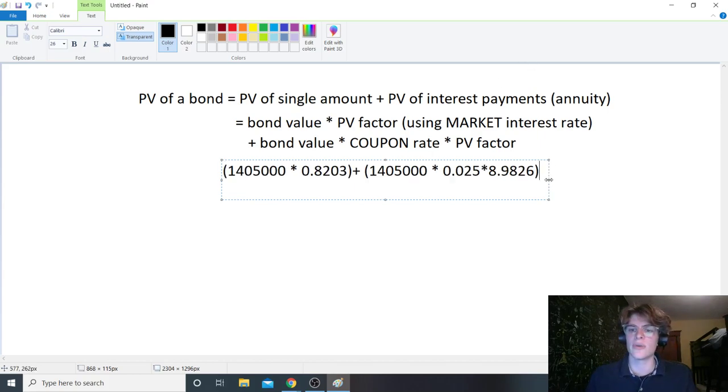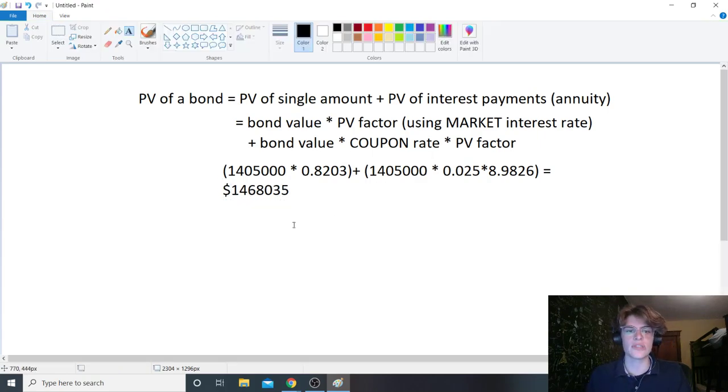And when we add those two things together, we get 1,405,000 times 0.8203 plus 1,405,000 times 0.025 times 8.9826 gives us our 1,468,035.3. We'll round it to the nearest dollar, so we'll just leave it like that. So that is the present value of our bond.